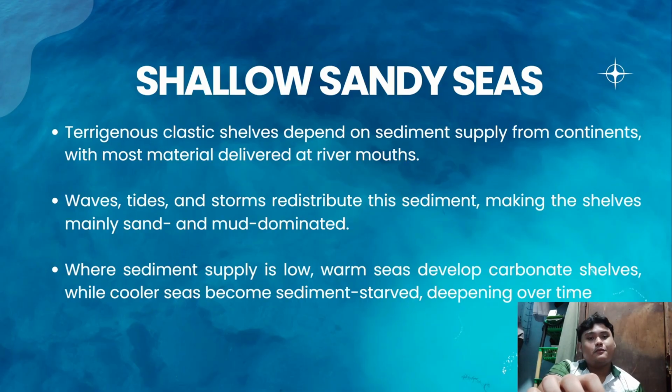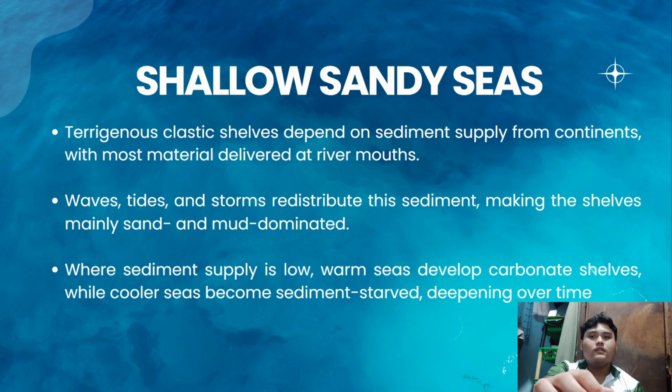This is where sediment supply is low. Warm seas develop carbonate shelves, while cooler seas become sediment-starved, deepening over time. These shallow sandy seas are part of the ocean near the coast, where the water is not very deep and the seafloor is mostly made of sand.